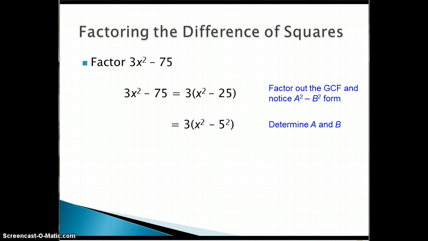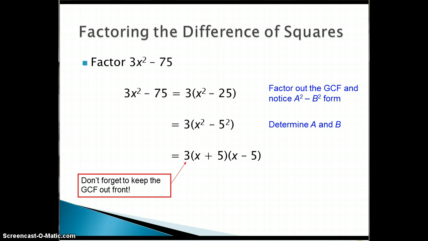We've already used that example before, so remember that the a is going to be x and the b is going to be 5. And so we have x plus 5 times x minus 5 for the x squared minus 25 part. And don't forget that GCF you pulled out in the beginning, make sure it stays out front for your final answer.